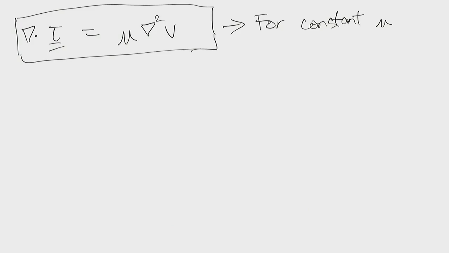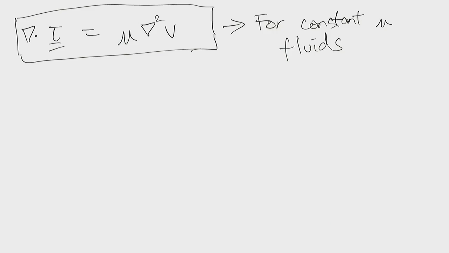Yes, constant viscosity. I've skipped again a few mathematical steps here. As I said, it's not important in terms of going from this step to here, the specific steps, but the end product here, the identity, is important.